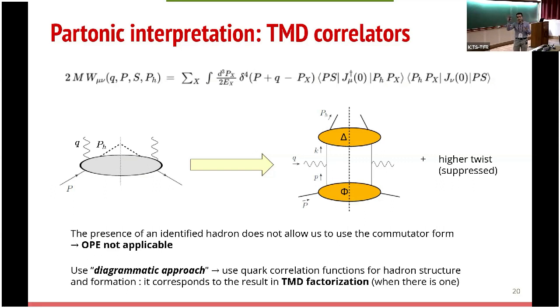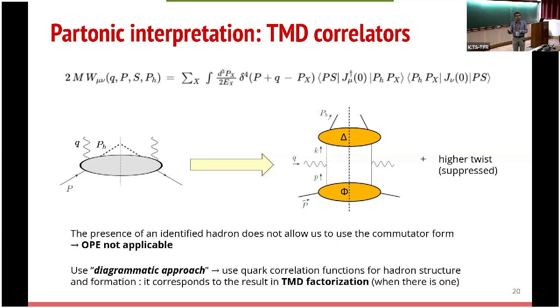Now, suppose that I want to study this process from the point of view of John Collins' book, which does not use the diagrammatic approach and the operator product expansion, but uses the Libby-Sterman analysis to identify the singularity regions in the diagrams which are involved in the process. I use that approach.